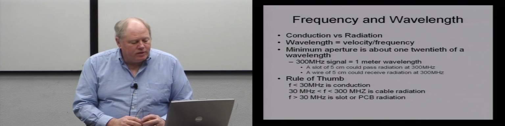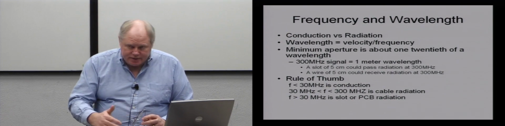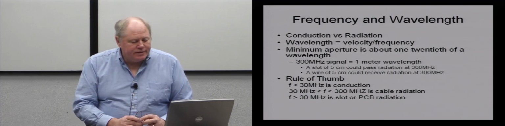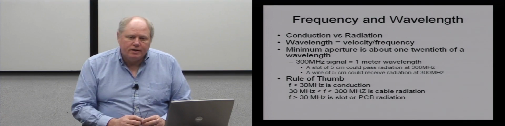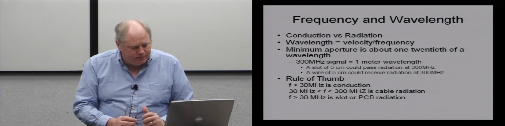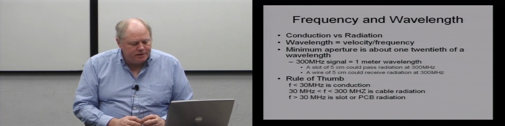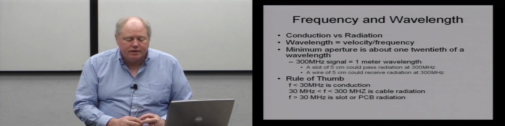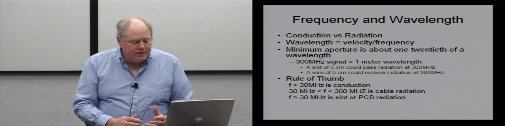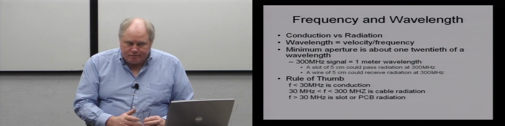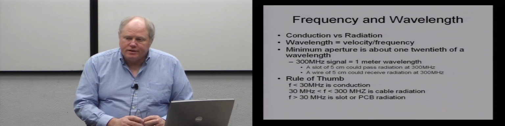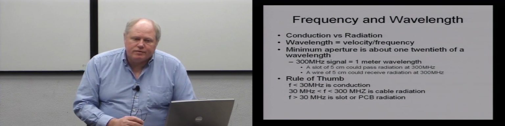And in order for an antenna to pick up a signal, or for a slot to let a signal go through it, that starts to happen when the physical dimensions of whatever you're talking about, something in your circuit, is 1/20th of the wavelength. So at 300 megahertz, an antenna of 5 centimeters could pick up the signal. You don't necessarily build antennas in, but you do put wires in, and 5 centimeters of wire doesn't really get you very far.